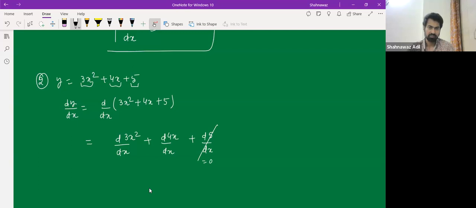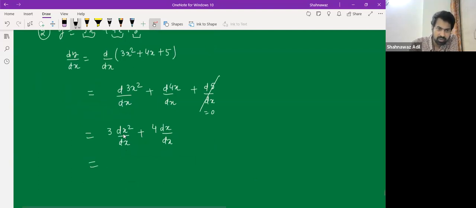And we have this 3 constant with this function, so we can take it outside. So this would be d of x square by dx. Then 4 is taken outside, so dx by dx. So dx by dx is 1.